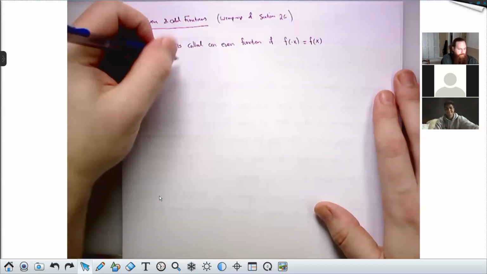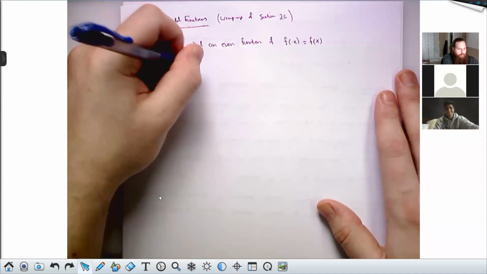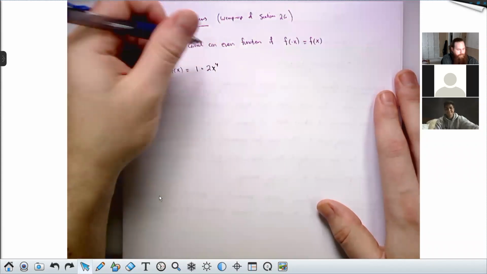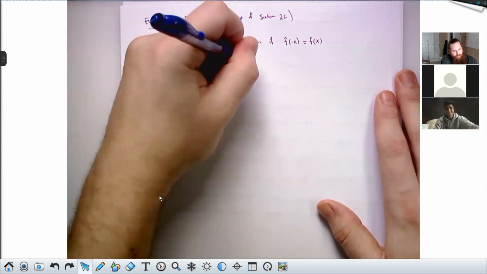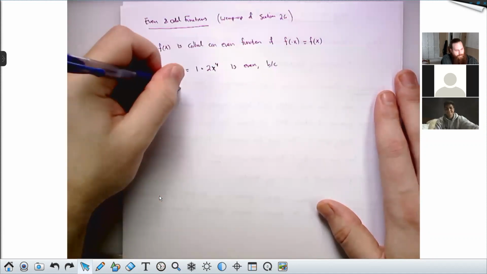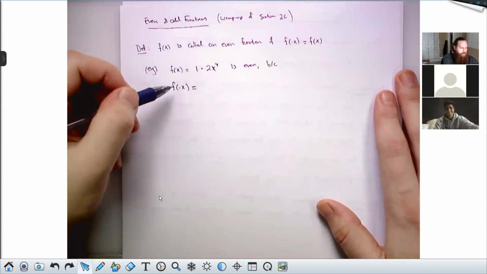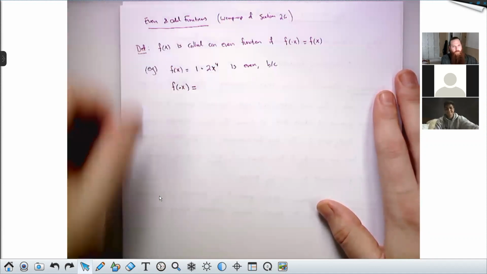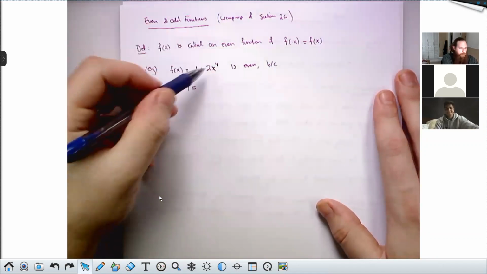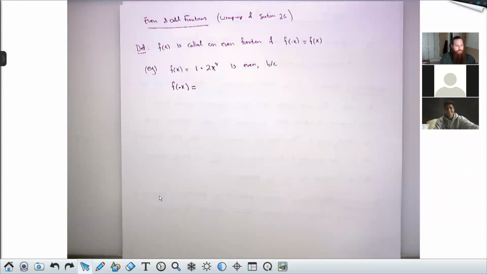For example, the function f of x equals 1 minus 2x to the 4 is even. Because f of negative x, and you have to be remembering your function notation. If there's one super important thing in this class, it is that you get comfy with function notation. f of negative x is what you get by everywhere in the formula for f of x swapping in a negative x, but you do so in parentheses.